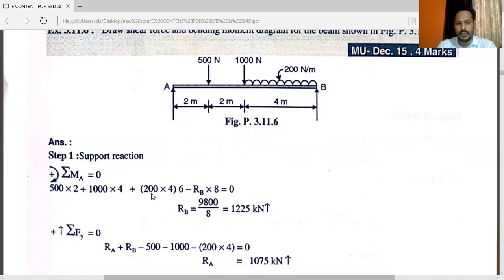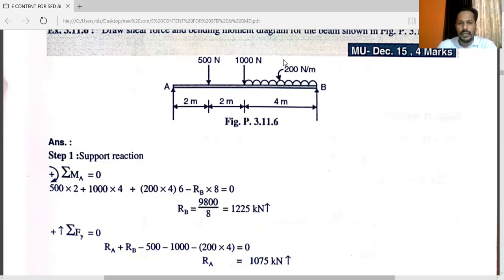It will act downward at the center of UDL. So distance will be 4 by 2, that is 2. So from this point to point A, the distance is 2 plus 2 plus 2, that is 6.